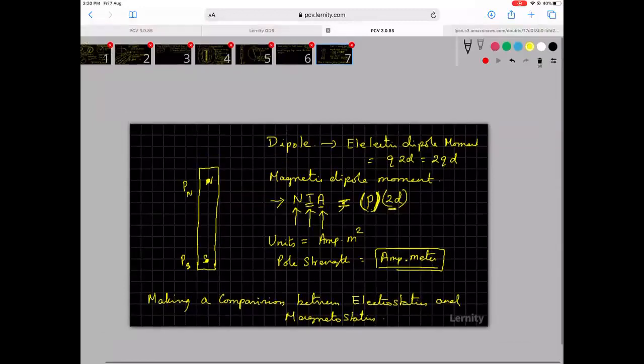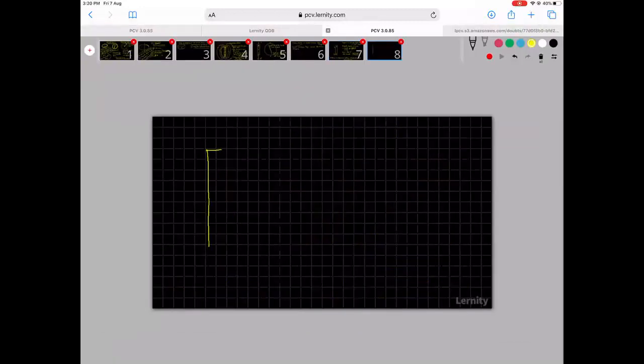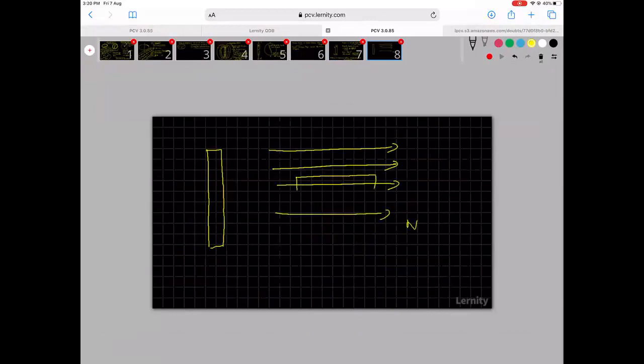So if you take a magnet and you place it in an external magnetic field, suppose there is a magnetic field like this. This is the north pole of the magnetic field, and if you take a bar magnet and place it, it will align itself such that the north pole is on the south side and the south pole is on the north side.